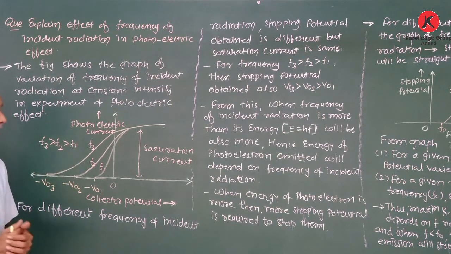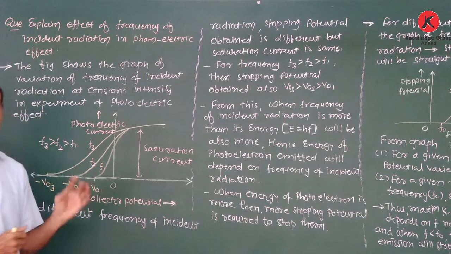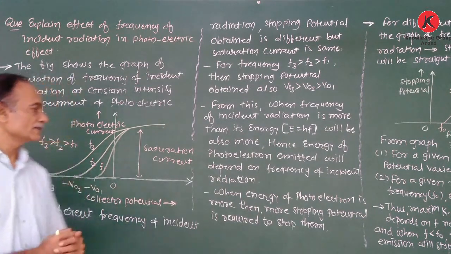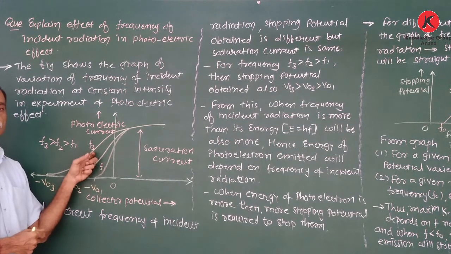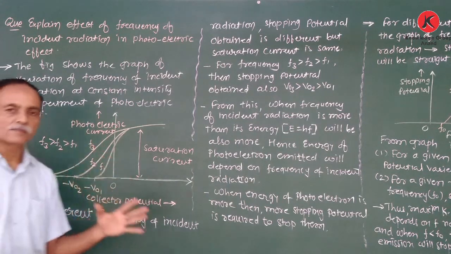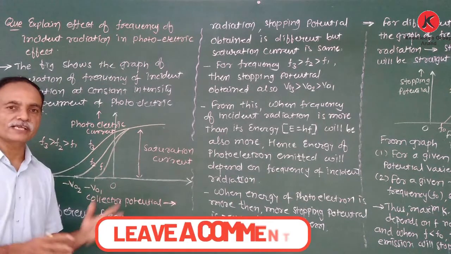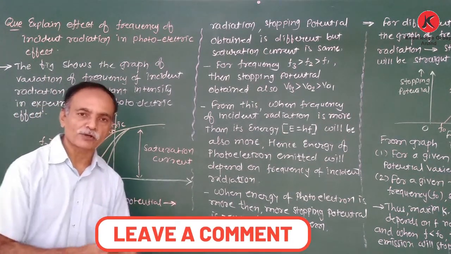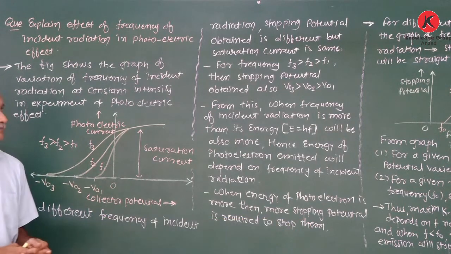It shows that as the frequency of incident radiation increases, the kinetic energy of the emitted photoelectron also increases, and to stop or decelerate this emitted electron, more stopping potential is required.